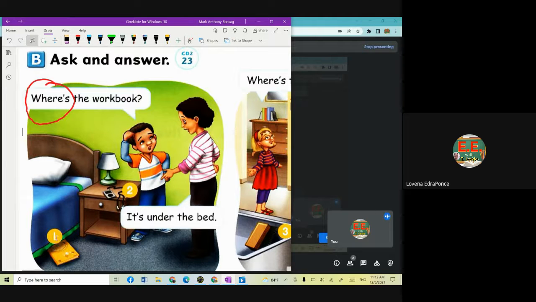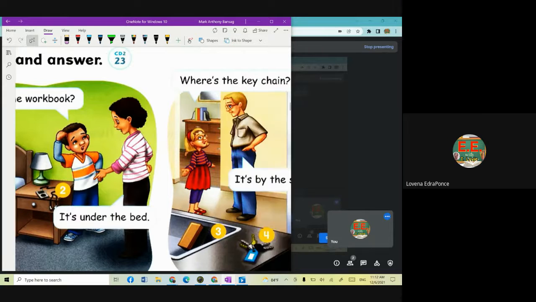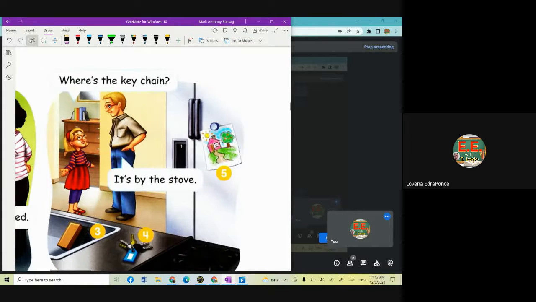It's under the bed. Number two, where's the music player? It's by the lamp. Number three, where's the brush? It's in the sink.